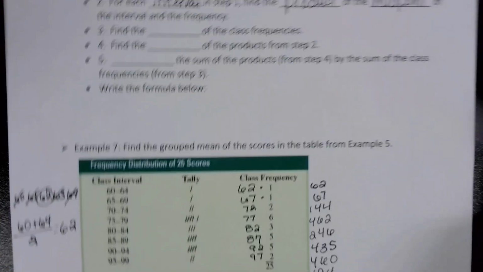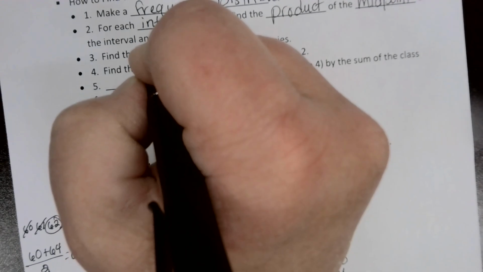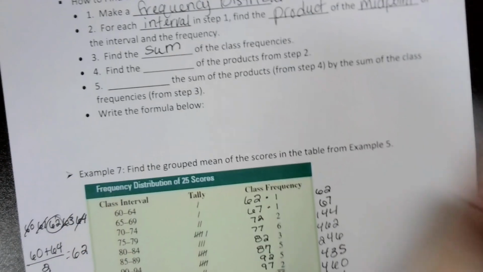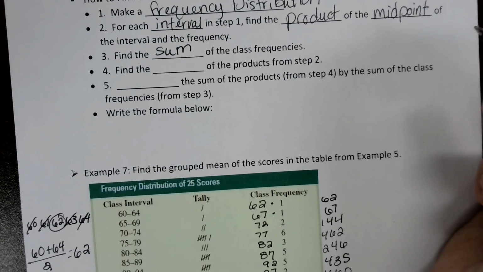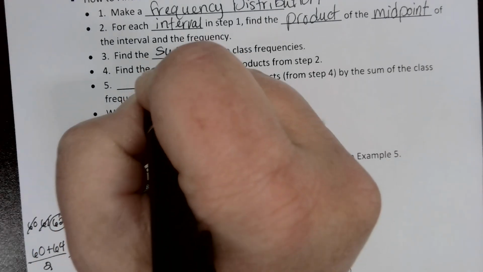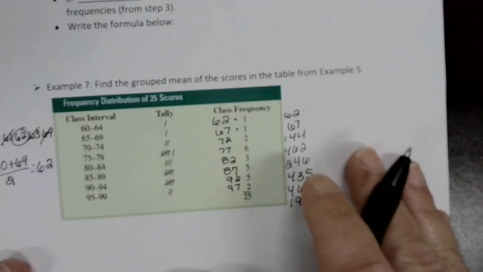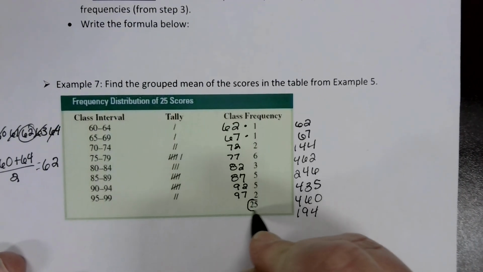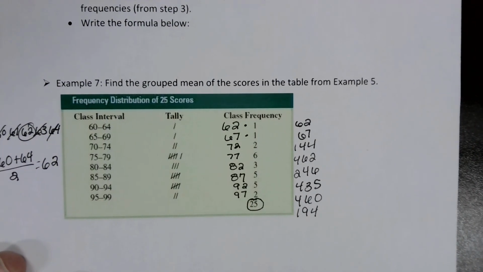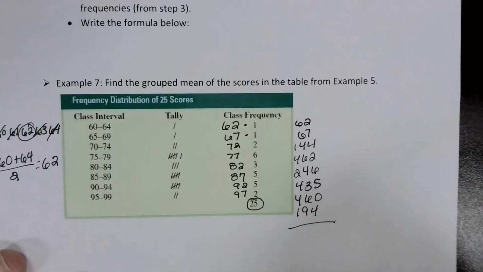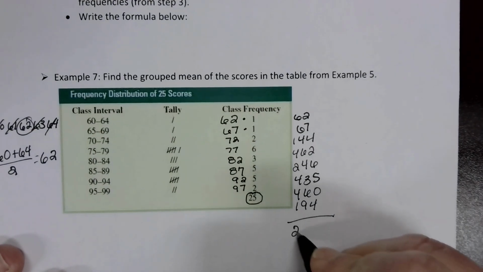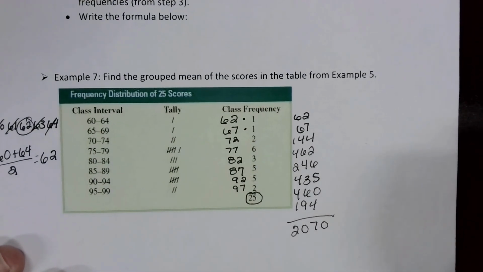Because the next thing I need to do is find the sum of the class frequencies and find the sum of the products from step 2. Well, they already give you the sum of the class frequencies. There's 25 of them. Then when I add these all together, I wind up with 2,070.